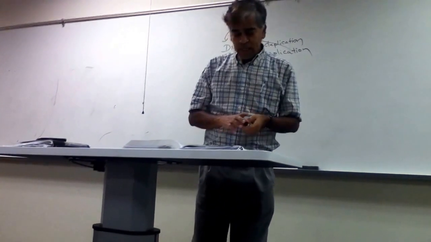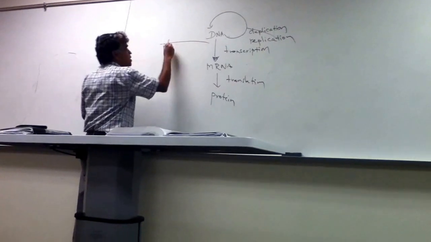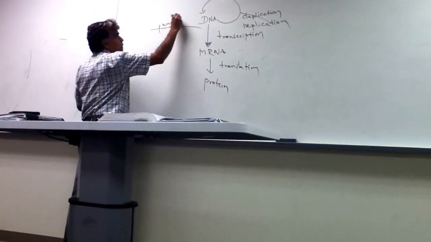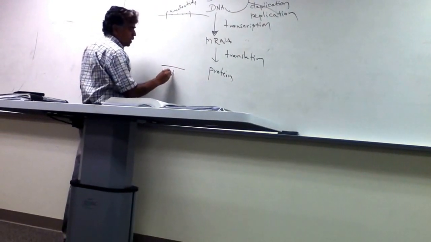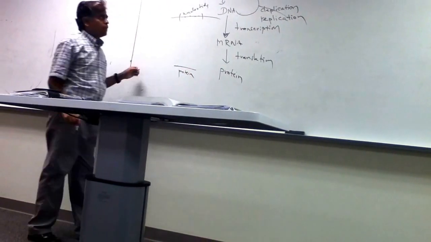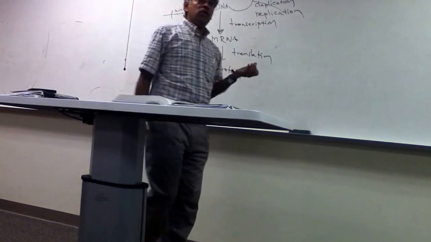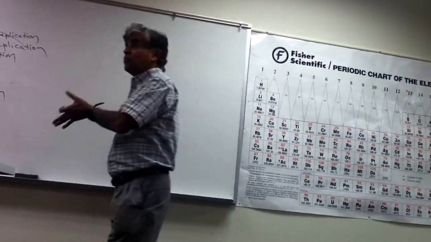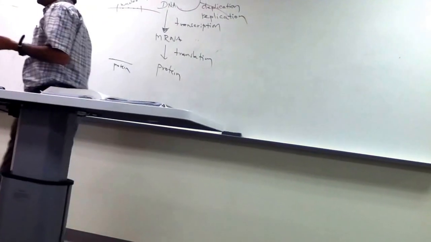So what is a gene? Any sequence of DNA, those nucleotide sequences that corresponds finally to a protein, is called a gene. So you can have a gene for your eye shape, eye color, the iris color, the nose shape, or there may be more than one gene for the same phenotype, the characteristic that you are looking at from the outside.